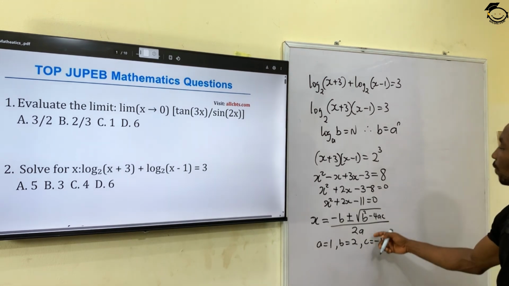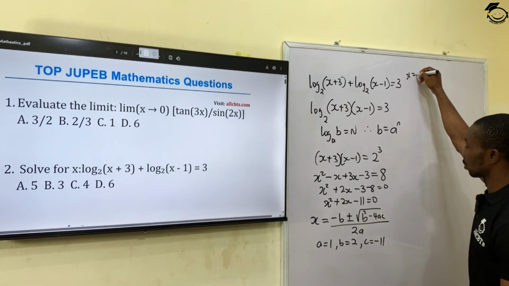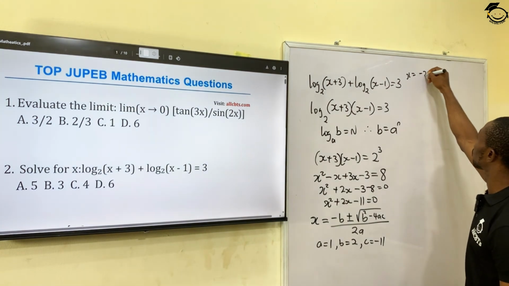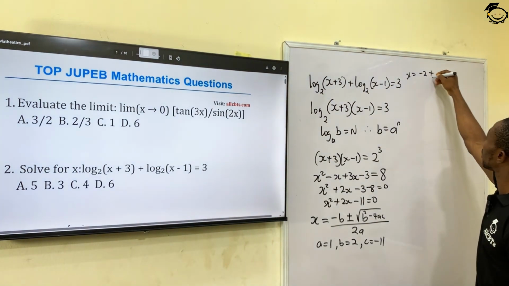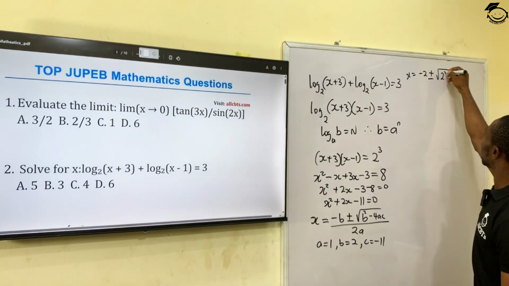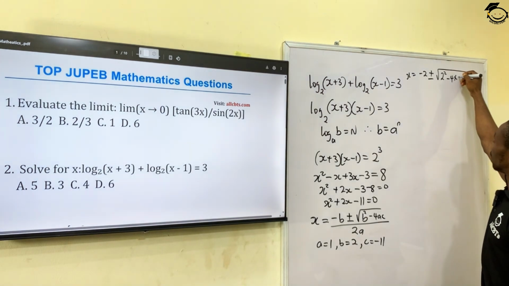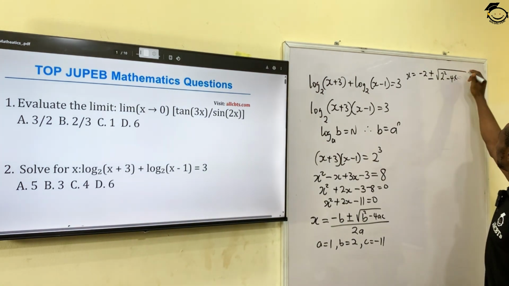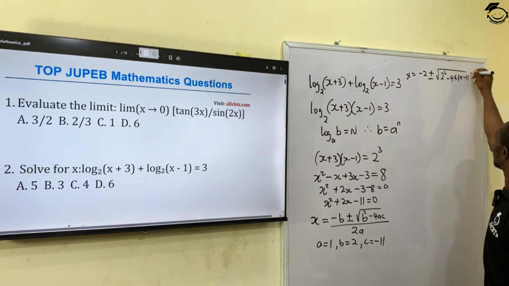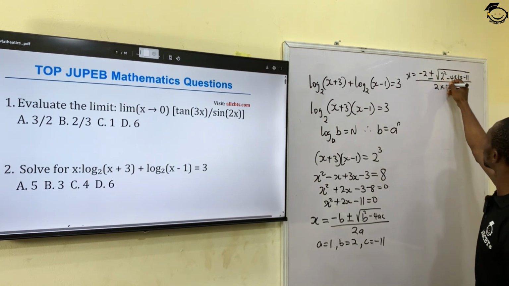Now substituting these values, we are going to have x equals minus 2 plus or minus root 2 squared minus 4 times a, which is 1, times minus 11, which is c, all over 2 times 1.